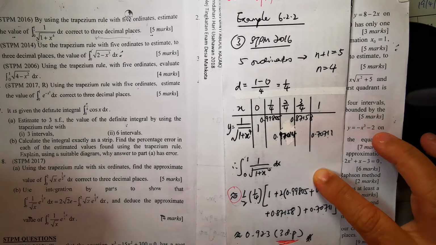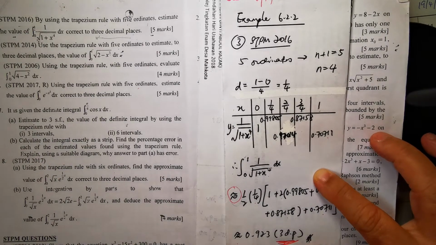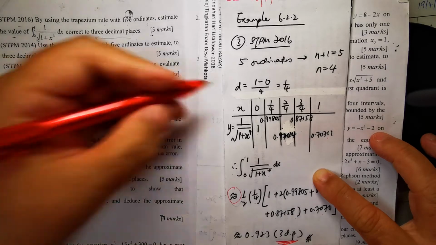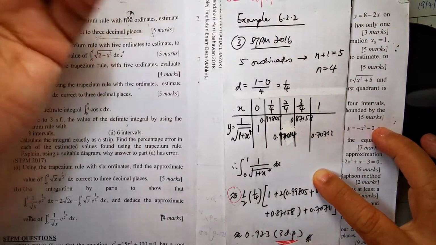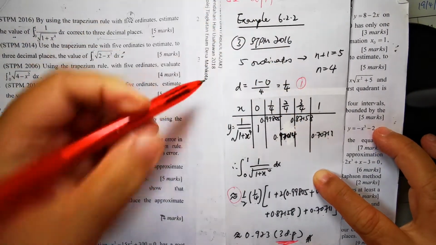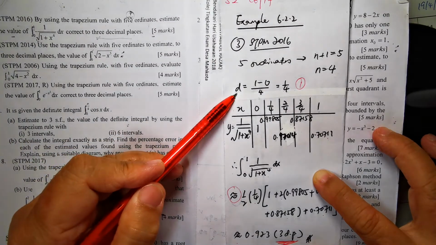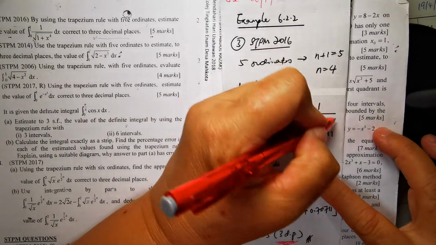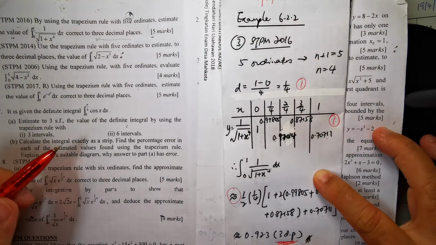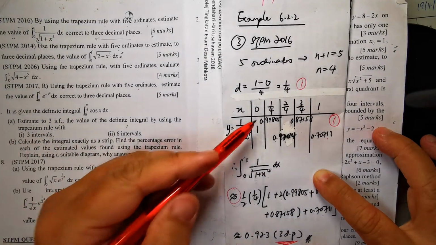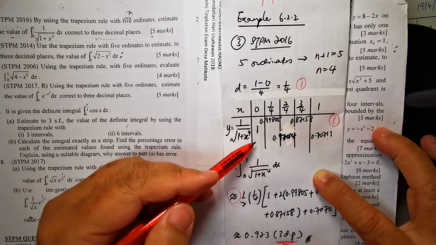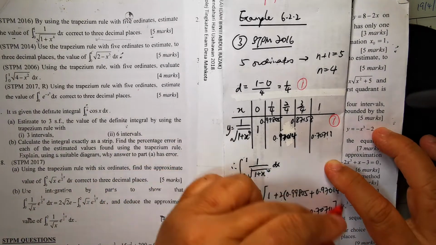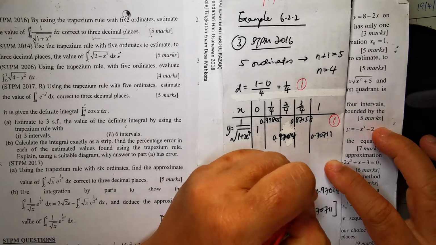Alright, a question like this gives you 5 marks. I believe 1 mark will be given for you to get the d. 1 mark for the table, for the x and the y that you give. I think this formula might give you 2 marks.